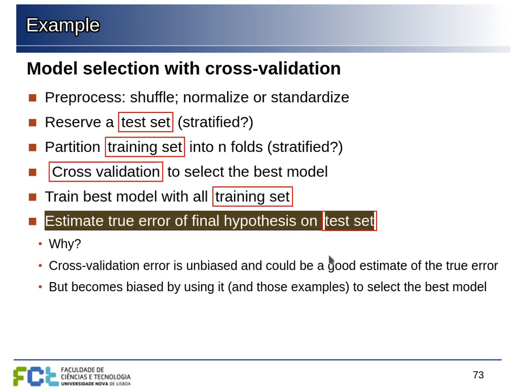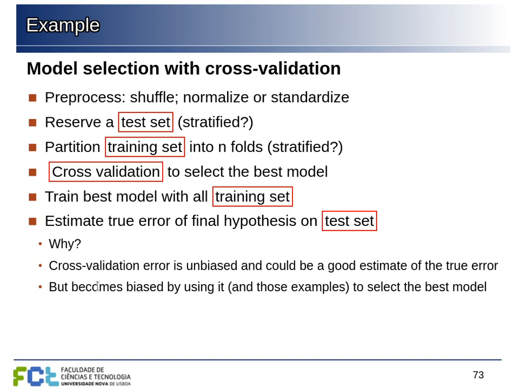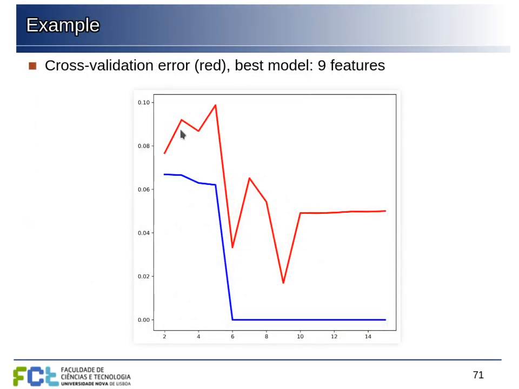We train with all the training data, and we estimate the true error on the test set. Now, the reason for this is that even though cross-validation gives us an unbiased estimate of the true error, so each of these individual points is an unbiased estimate of the true error of the different models, what we can get on average when we train these models with this kind of data.